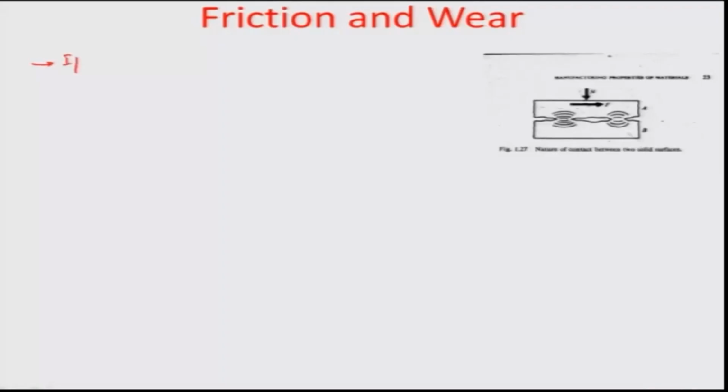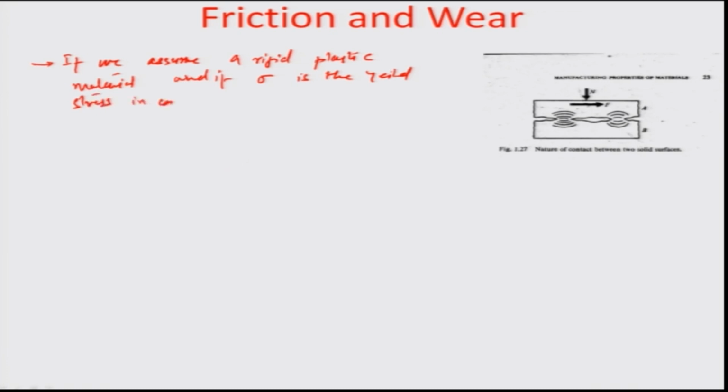So in a nutshell, if we assume a rigid plastic material, and if sigma is the ultimate yield stress in compression of the weaker material, because obviously if the materials are the same, then there is no problem because they are going to have the same yield stresses.